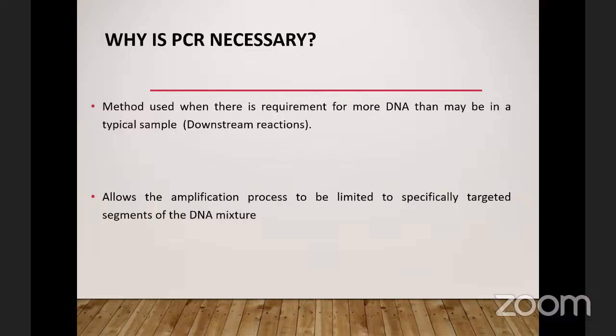So the method that we use when there is requirement for more DNA than is available, that's the first one. But it allows the amplification process to be limited to specific targets or specifically targeted segments of the DNA. So for the coding part, for instance, I have an organism in a sample, like let's say malaria parasite. And I understand that there is a region in malaria parasites that maybe allows this organism to gain access into the human cells, right?